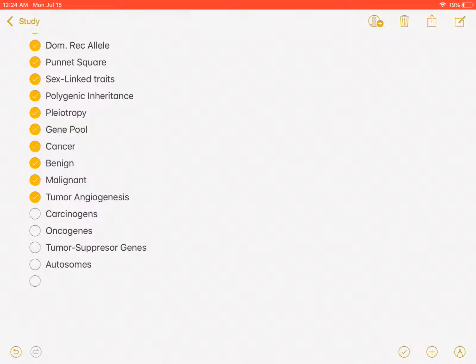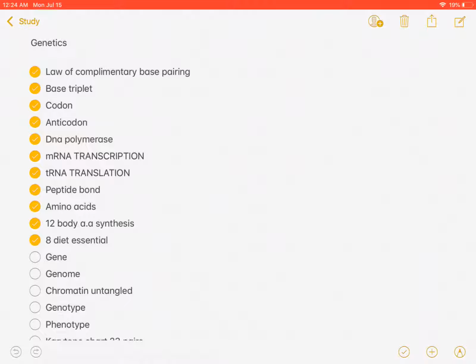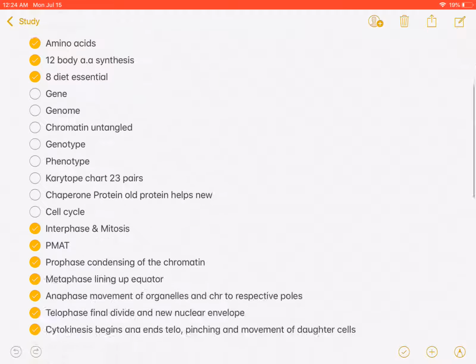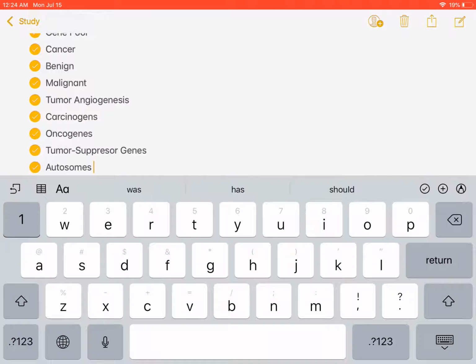Cancer causing is carcinogens, right? You have your radiation, you have your chemicals. We can talk about oncogenes and tumor suppressor genes. Really quickly, autosomes are just the very first 22 pairs, right? So 1 through 22 pairs of chromosomes.